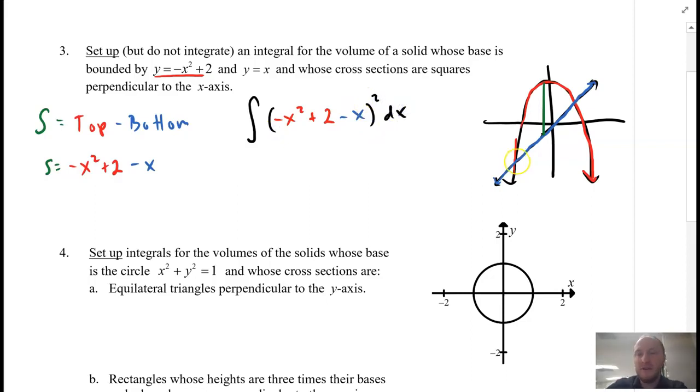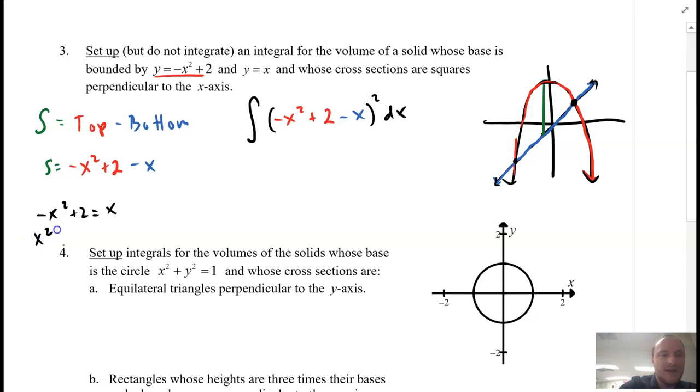But we do need our limits of integration. Notice our functions are intersecting here and here. So how do I find that out? Well, you can do it a couple ways. You can do it graphically with a calculator, but without a calculator, you're just going to set your two functions equal to each other. When is negative x squared plus 2 equal to x?